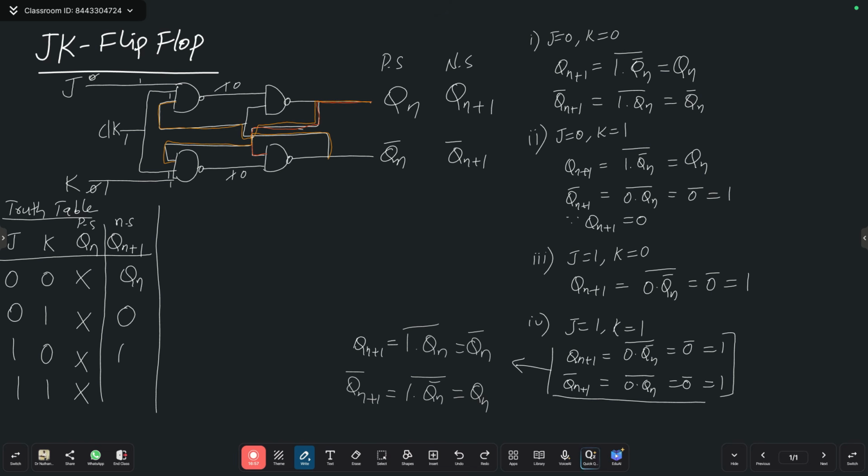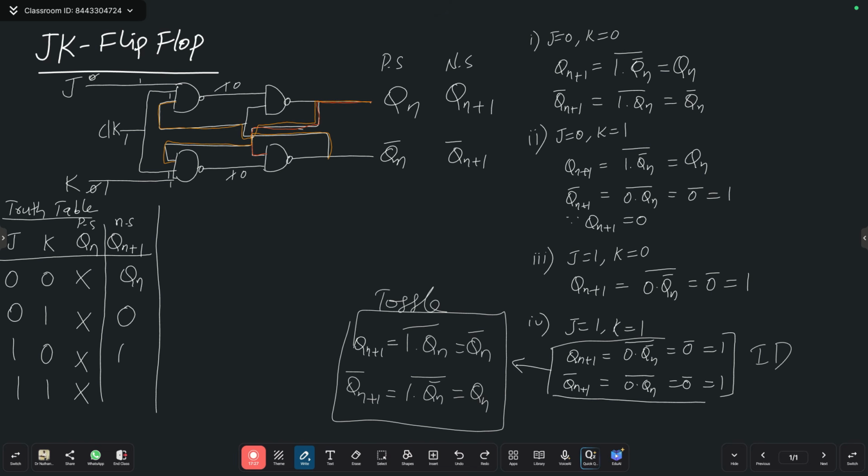In place of the indeterminate phase, because of the toggle line, to avoid this situation, this is the toggling. What did I tell toggling means? Complementing. Now Qn plus 1 is a Qn complement. Qn plus 1 complement is a Qn.